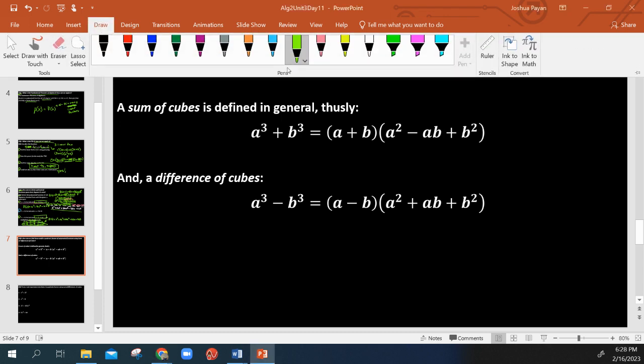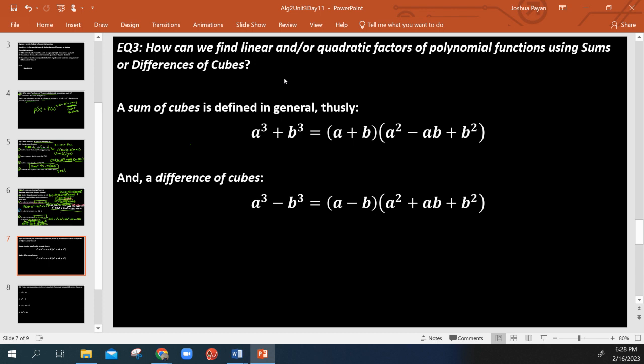If you want to take a picture of this screen, or pause it and copy down what we've got here. And actually, I'll probably keep coming back to these screens because I still mix these formulas up horribly to this day. So the key difference that always screws even me up: if we have a sum of cubes, a cube plus another cube, we see we've got plus minus like that.